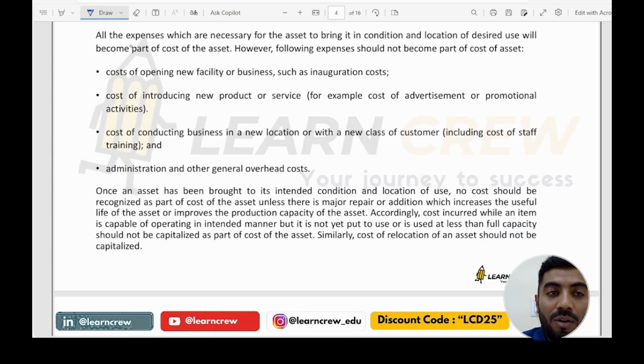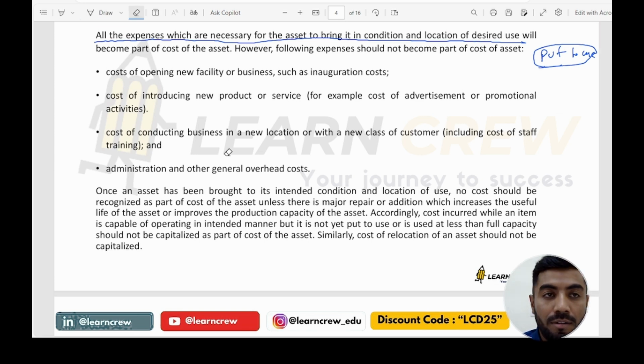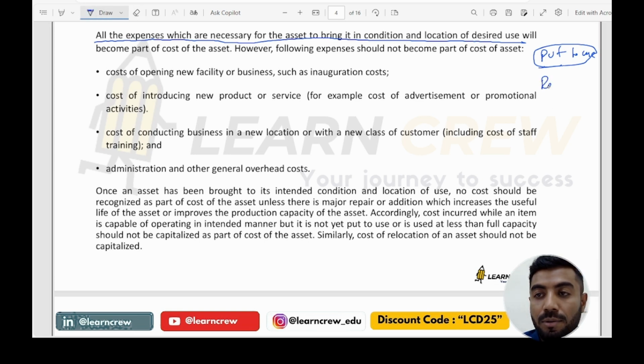Basically, all the expenses which are necessary to bring the asset to the condition and location to be put to use. You have to remember the words put to use and ready to use.